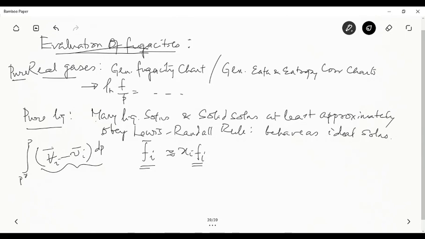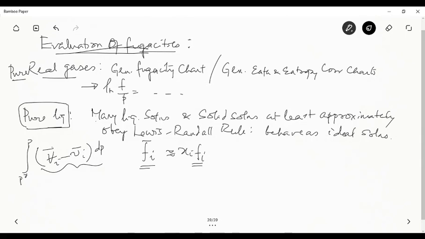Right? So what we can do is use methods by which pure liquid fugacities are evaluated to evaluate the fugacity of a substance as it exists in the mixture.